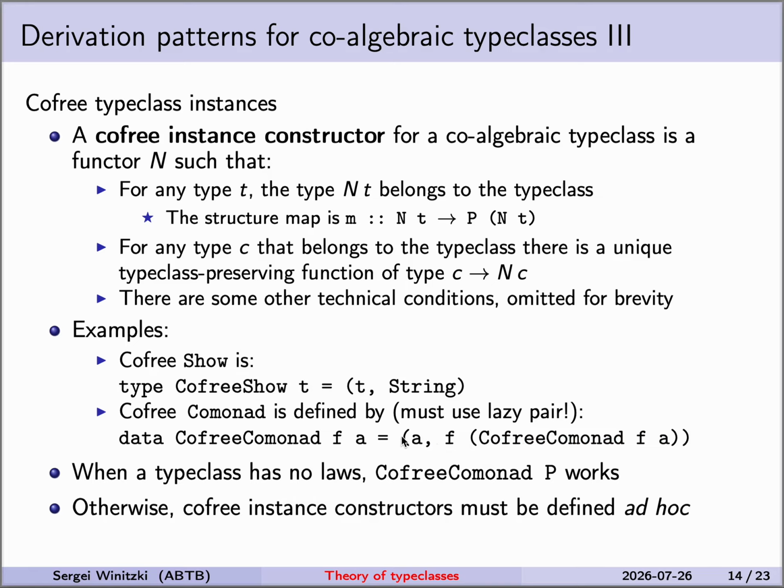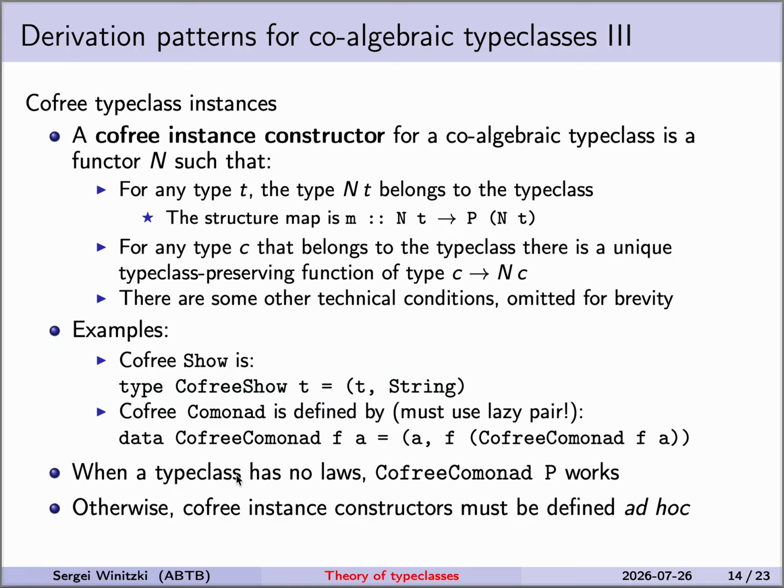This is actually recursively defined, and it must be understood as a greatest fixed point. So a lazily evaluated pair, otherwise you can't define it. I just show this as an example of something that's not trivial, because this you can actually then derive.